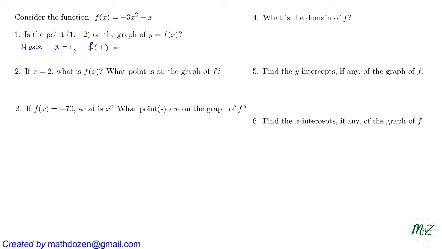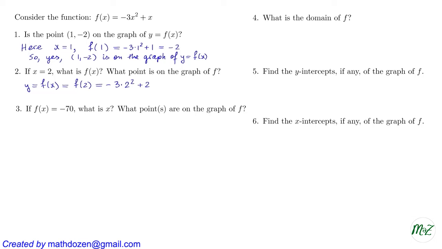So f of 1 is equal to negative 3 times 1 squared plus 1, just using the formula for the function. So this is negative 3 plus 1, which is negative 2, which is exactly the coordinates that we were given. So yes, the point (1, negative 2) is on the graph of y equals f of x.